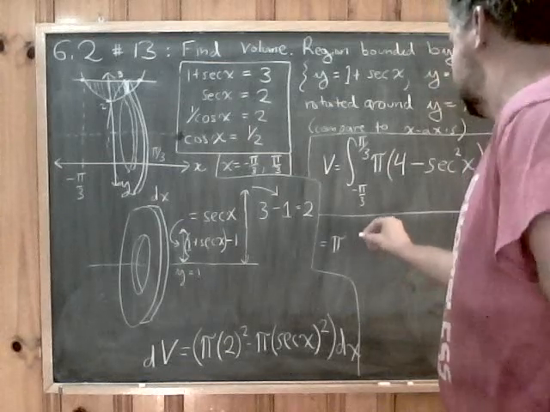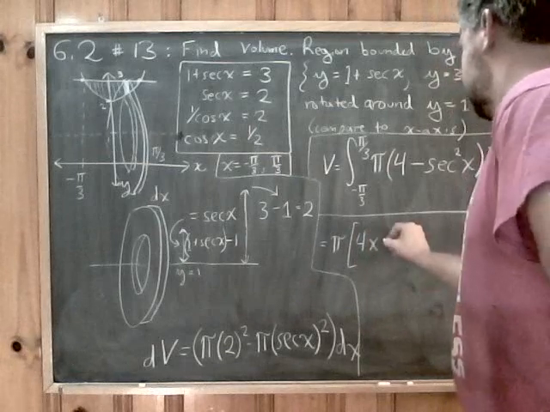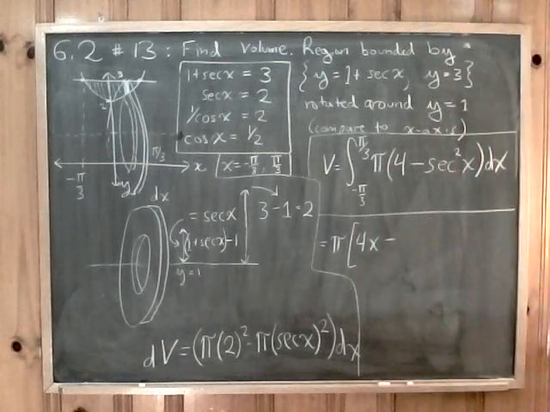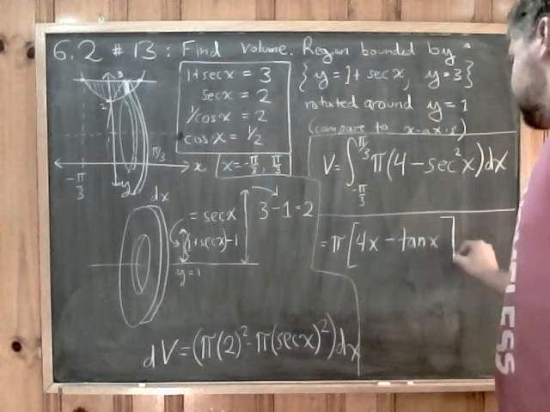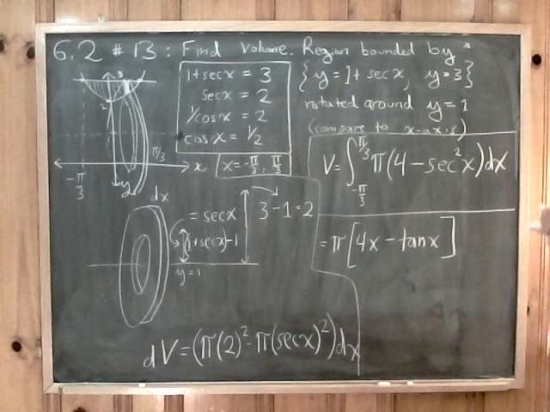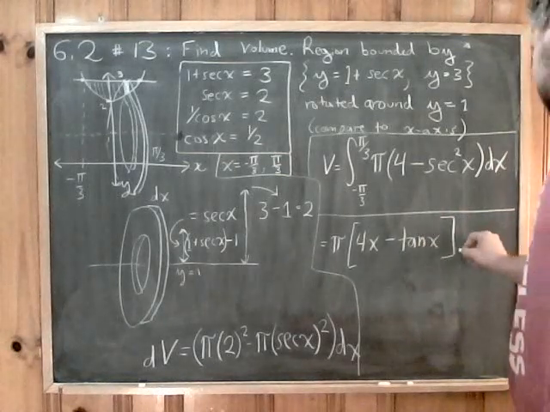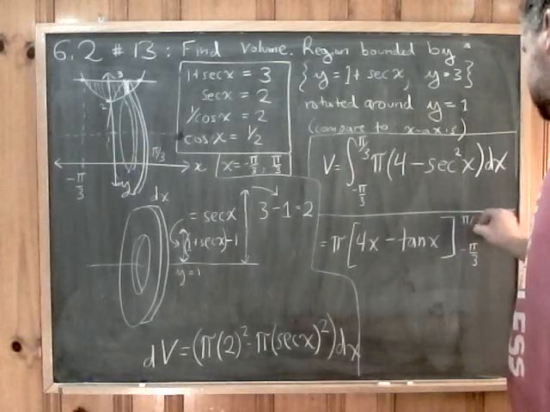Secant squared came from tangent, so that's minus tangent x. I take the derivative to double check that and keep the pi: 4x goes to 4 and tangent goes to secant squared. And that's from negative pi over 3 to positive pi over 3.